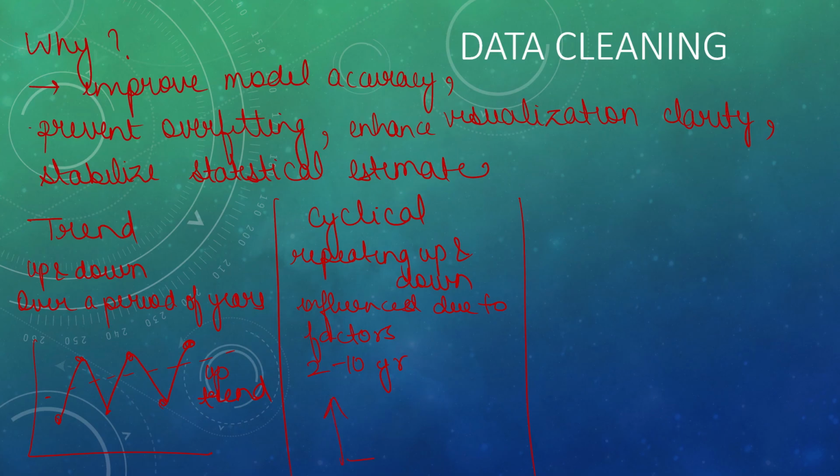Like in this graph itself, let's say this is the graph. So let's mark. So this part is known as a cycle.